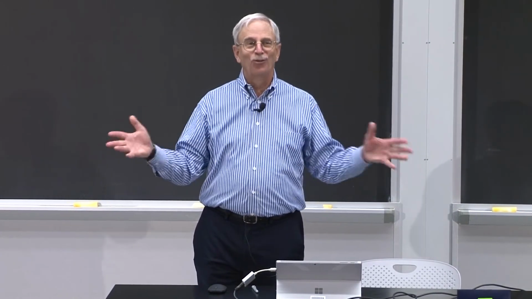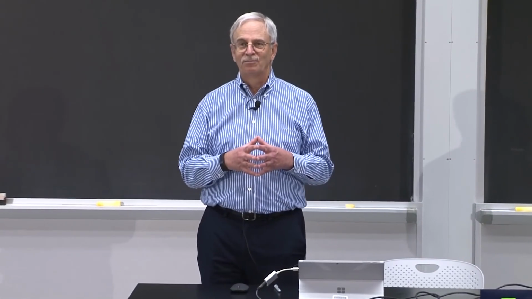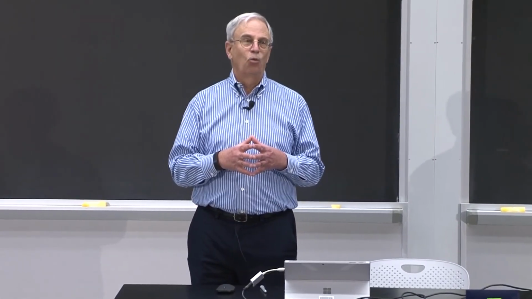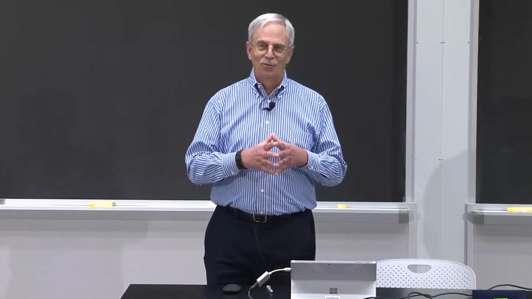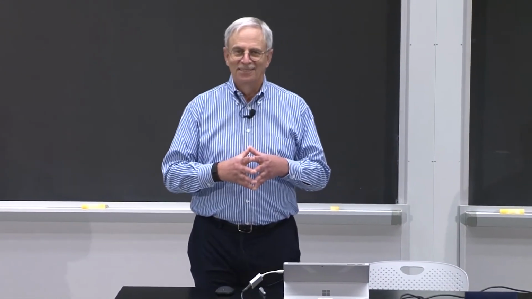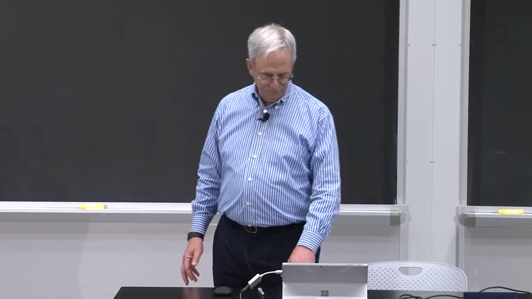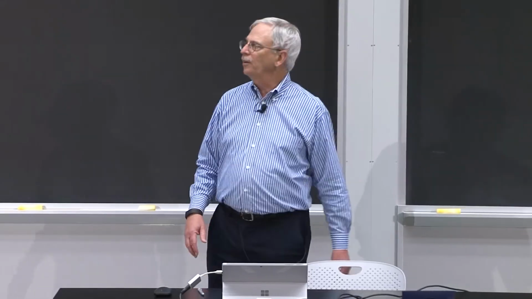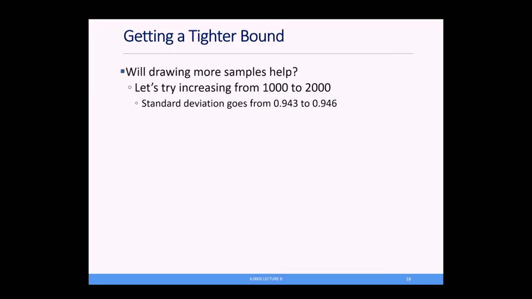We can ask the question, would that have given me a smaller standard deviation? For those of you who have not looked ahead, what do you think? Who thinks it will give you a smaller standard deviation? Who thinks it won't? And the rest of you have either looked ahead or refused to think. I'll prefer to believe you looked ahead. Well, we can run the experiment. You can go to the code, and you'll see that there's a constant of 1,000, which you can easily change to 2,000.